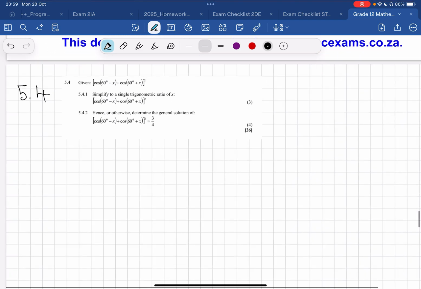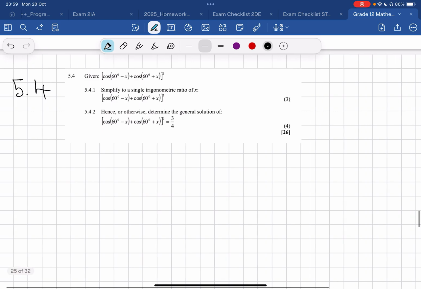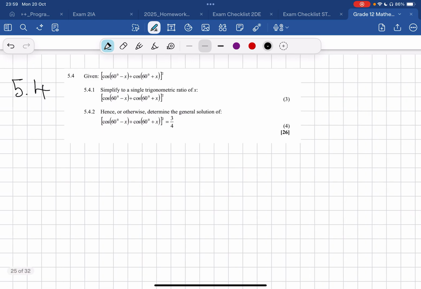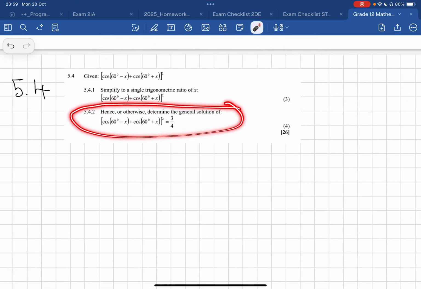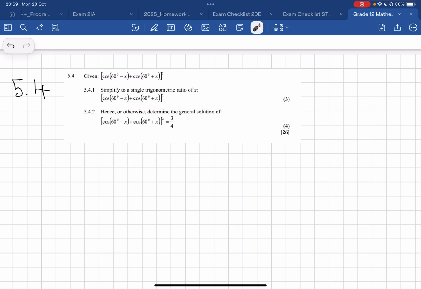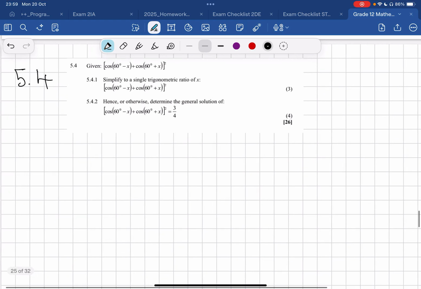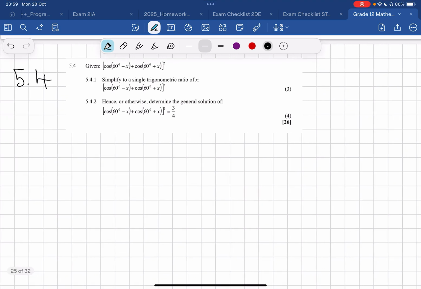So the ultimate goal is we want to find the general solution of this thing. But we first need to simplify this into a single trig ratio of x. To do this, we're going to use trig identities.